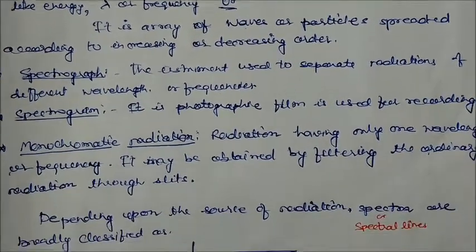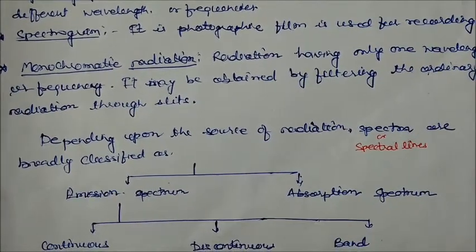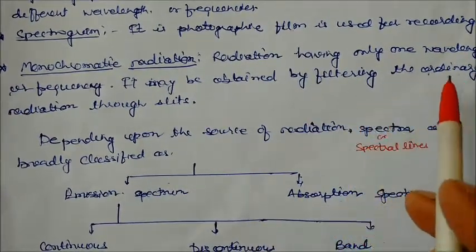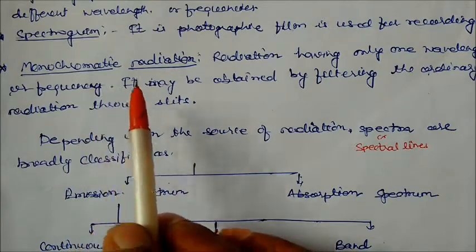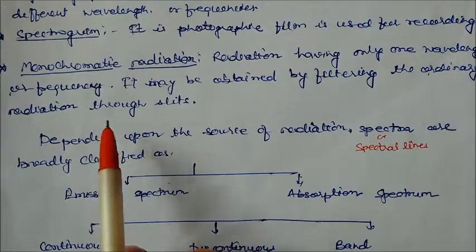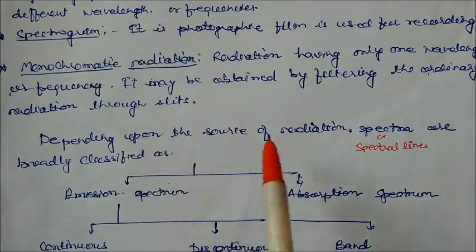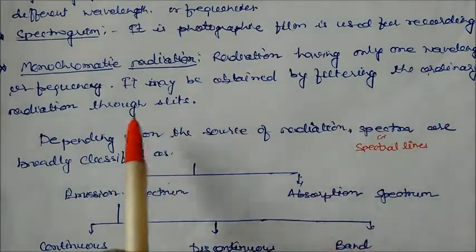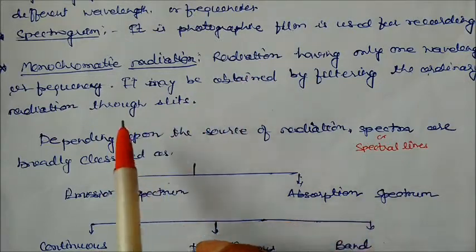Next is monochromatic radiations. Radiations having only one wavelength or frequency are called monochromatic radiations, and they may be obtained by filtering ordinary radiations through slits.